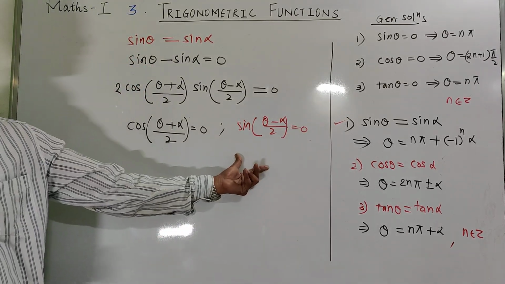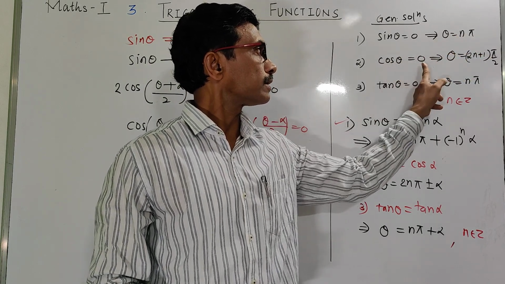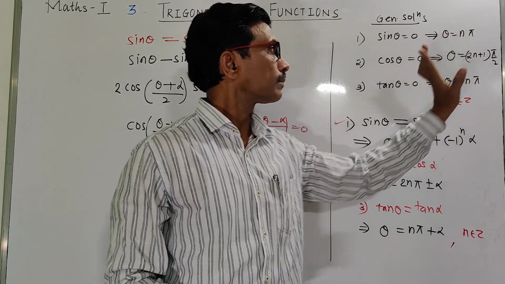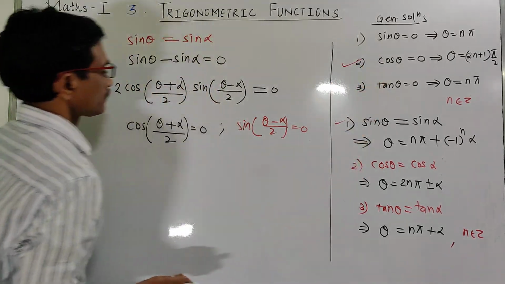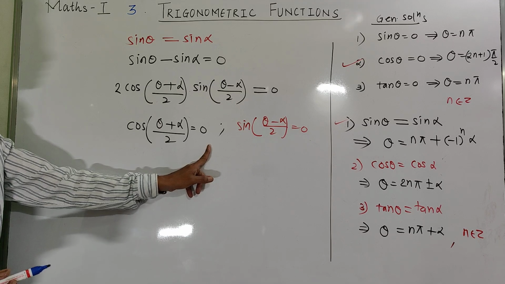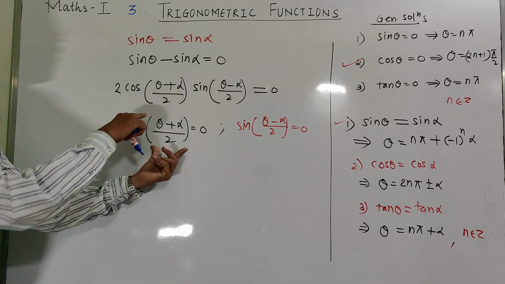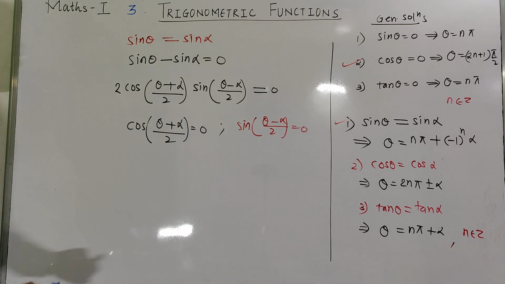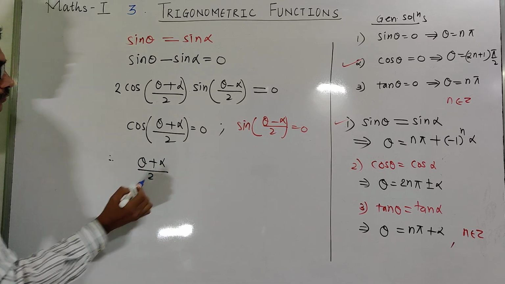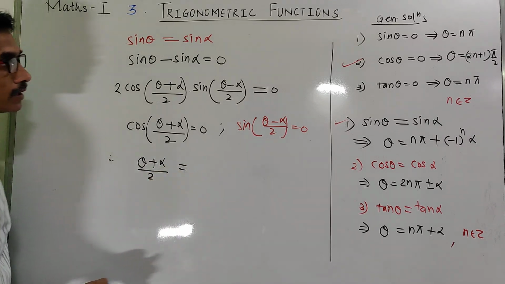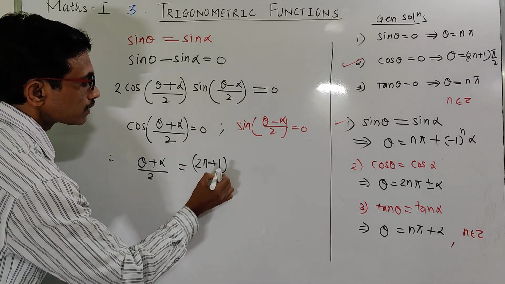Now compare this with the previous results: sin theta is equal to 0 implies theta is n pi, cos theta is 0 implies theta is (2n plus 1) pi by 2. We apply the same here. Cos theta equal to 0 means theta is an odd multiple of pi by 2, where our theta is now (theta plus alpha) upon 2. Therefore (theta plus alpha) upon 2 must be an odd multiple of pi by 2, so (2n plus 1) into pi by 2.